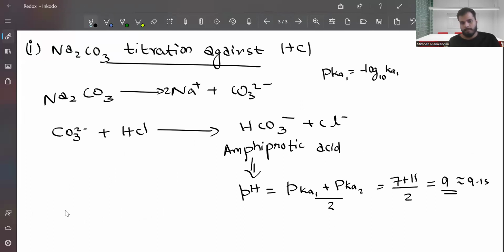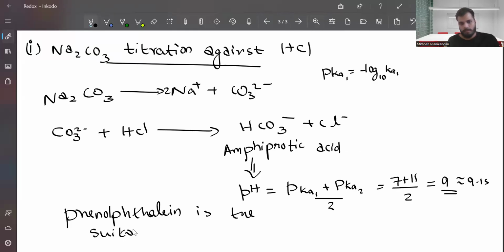Which means phenolphthalein is the suitable indicator, right?